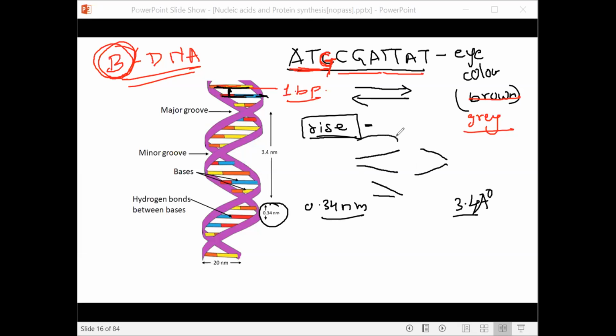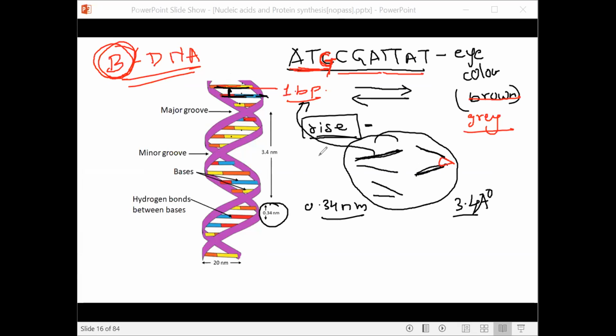So what I've drawn here means what? If what I've drawn here represents a base pair, again, this represents a base pair, okay, this represents a base pair. These lines, 1, 2, 3, 4, 5, 6, they represent base pairs. Now, can I say that if these two meet, they will make an angle?